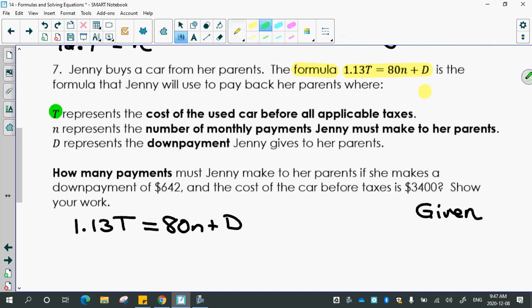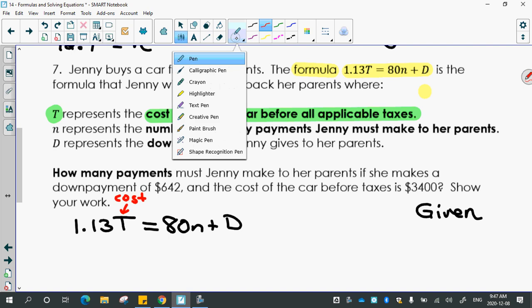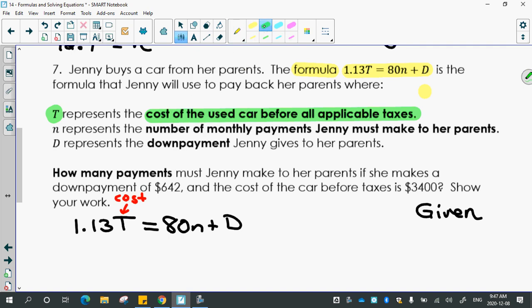So T represents the cost of the car before applicable taxes. That sounds like a lot, but really it's cost. So I'm going to put a little arrow and note to myself that T represents the cost. And the next thing they tell me is N, little n represents the number of monthly payments Jenny makes to her parents.